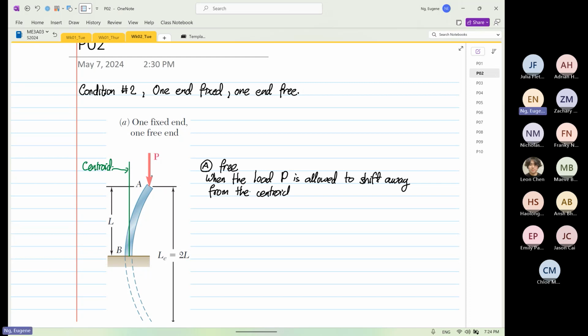You can see at our centroid, point P has shifted away a certain distance.